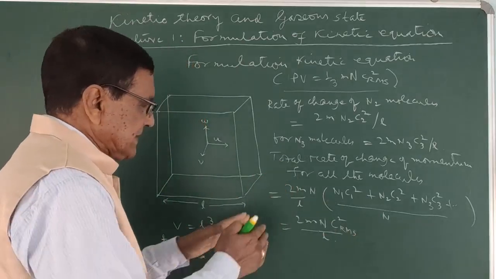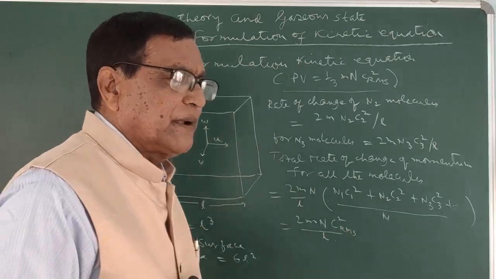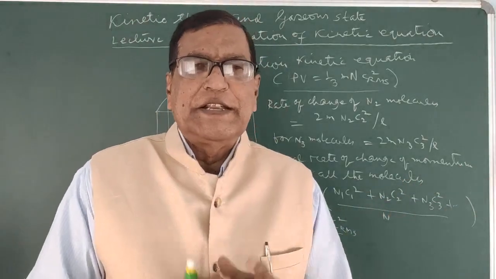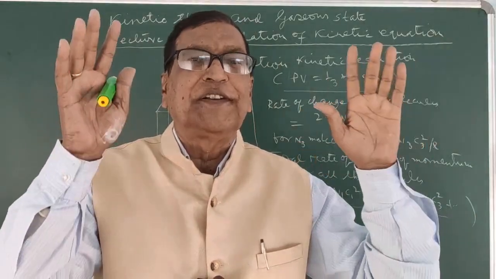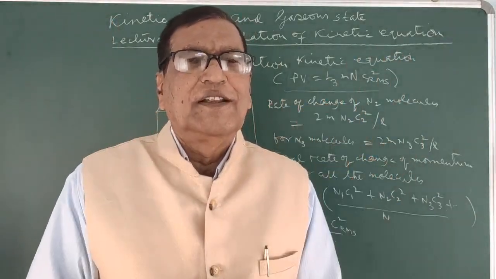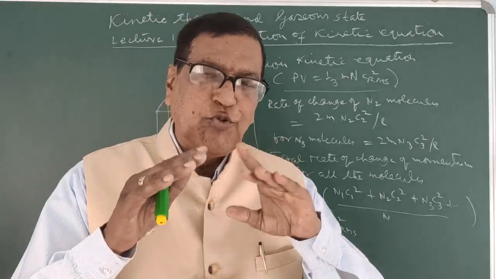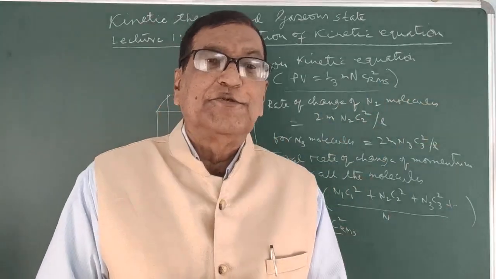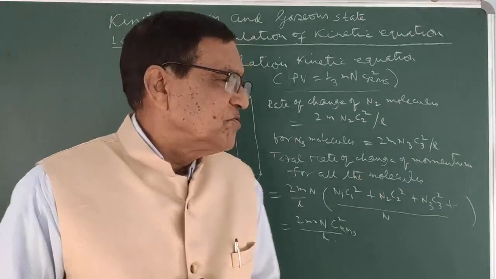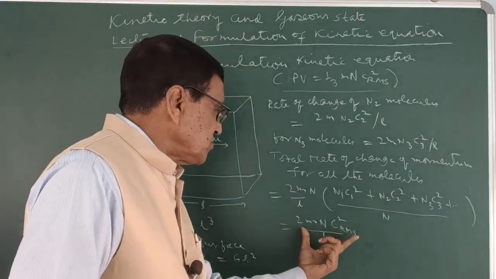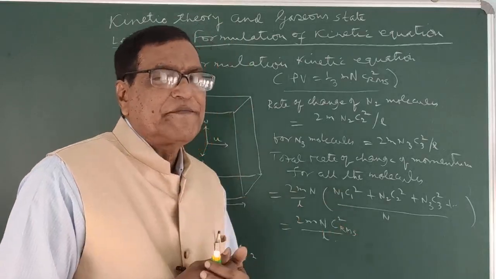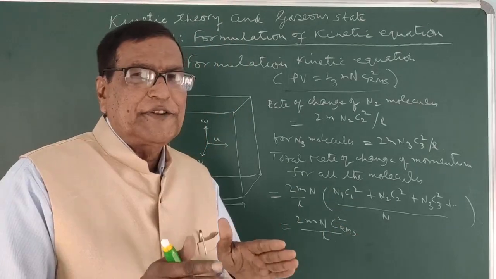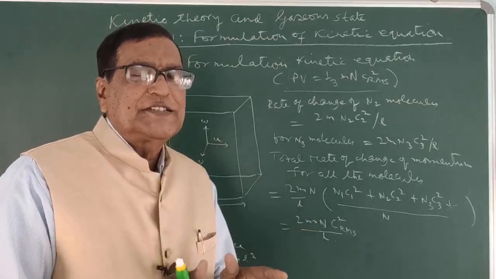So this is the total rate of change of momentum, and according to Newton's second law, Newton having ruled science for at least 400 years, this will be the force developed by the wall collisions of the molecules.